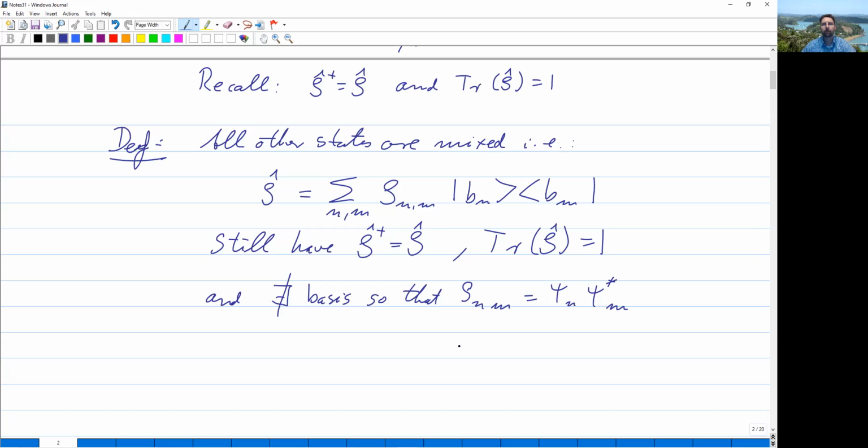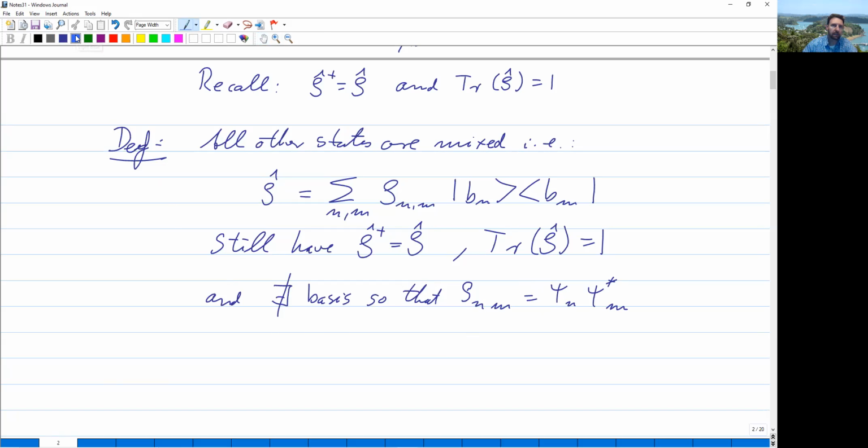Because if there were, if there was a basis in which these matrix elements took this product form, then these would be the wave function of the pure state that our system is in. All right, so this is older stuff. This is about pure states versus mixed states.